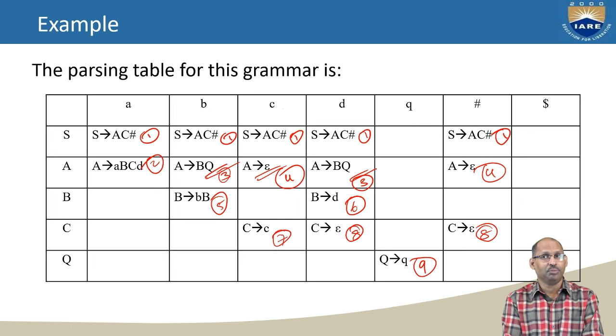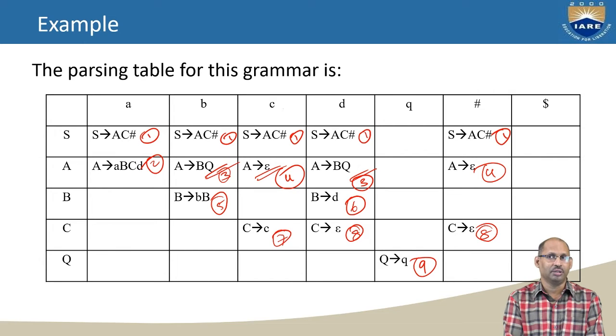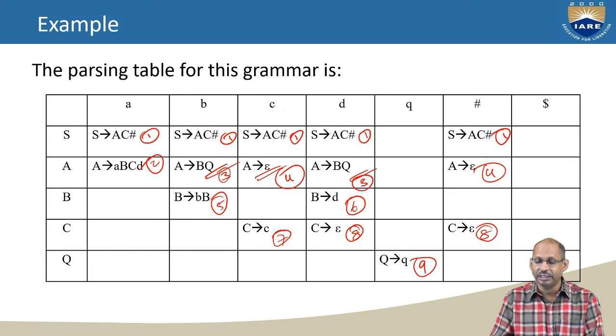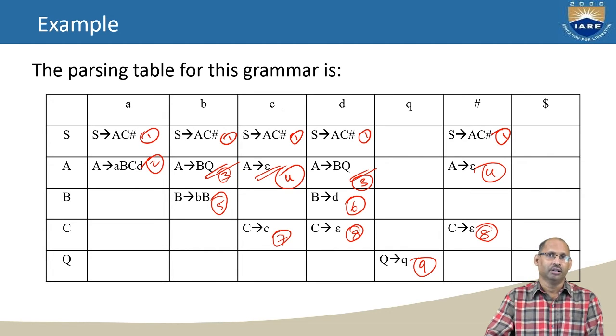So the eighth prediction and fourth prediction are the epsilon predictions. We consider the follow of the variables, and in those terminal symbol columns we have written the epsilon predictions, right? That is for the eighth prediction and fourth prediction.